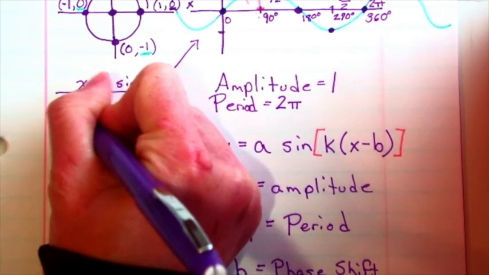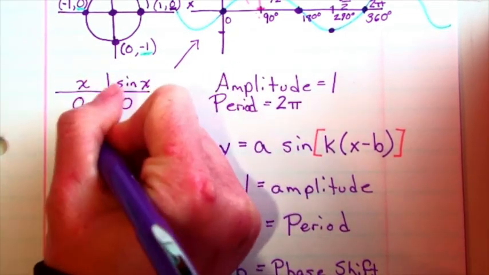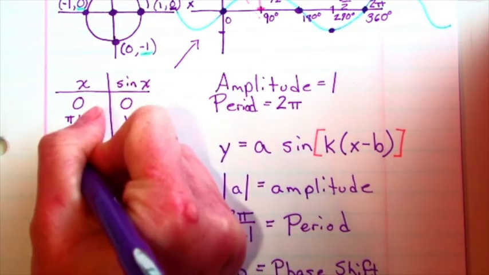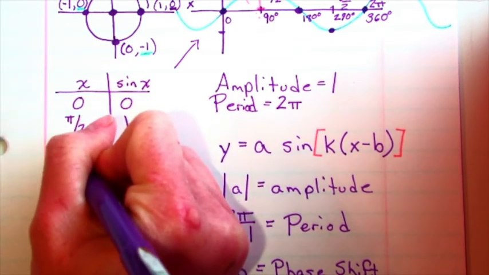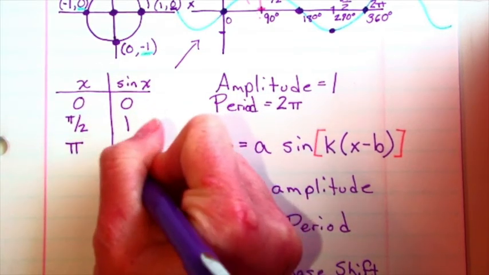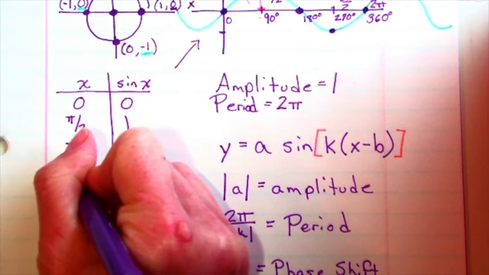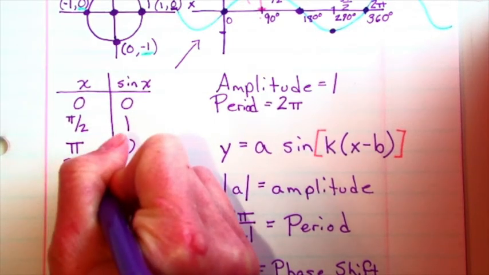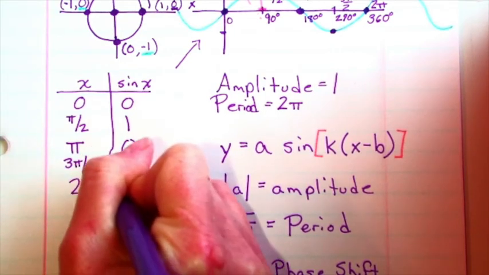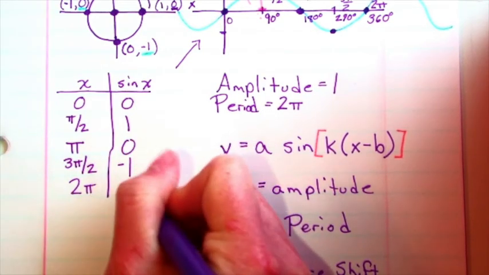So remember, we had 0, 0, 90 degrees or pi over 2 was 1, 180 degrees or pi was 0, 270 or 3 pi over 2, that was negative 1, and when we made it back to 2 pi, we were back to where we started at 0.